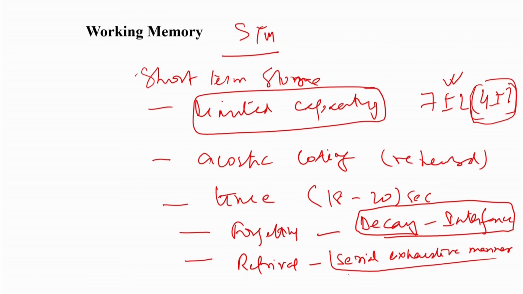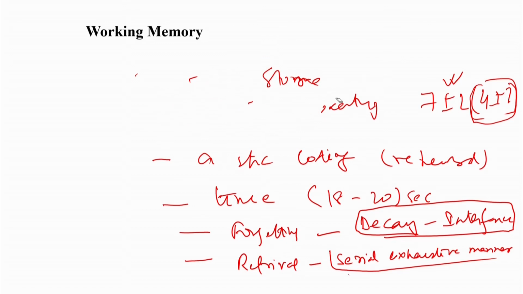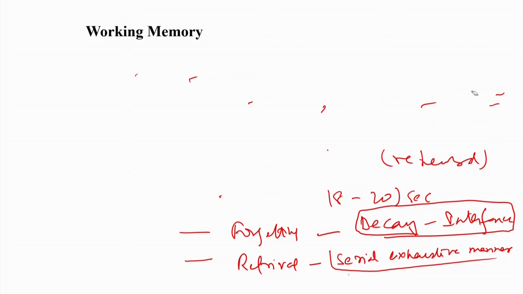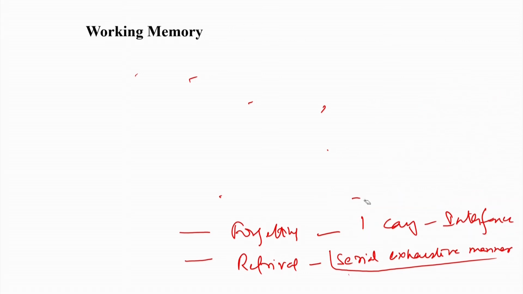Now, we have looked at what STM is and the various ways in which STM works. But there was a debate going on within the community of cognitive psychologists, that at times STM was somehow not approved of. What do I mean by this?